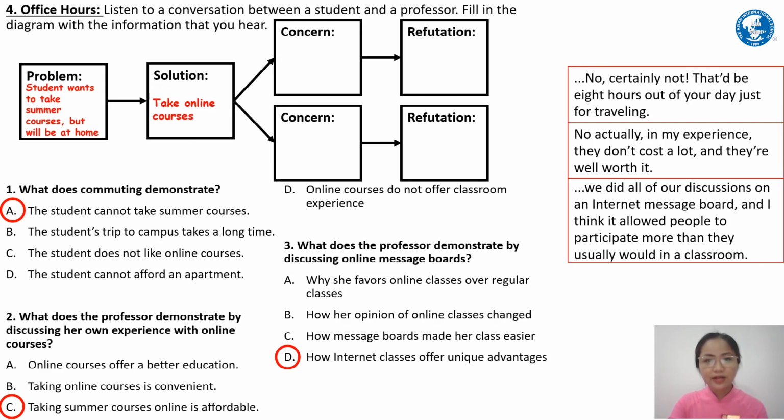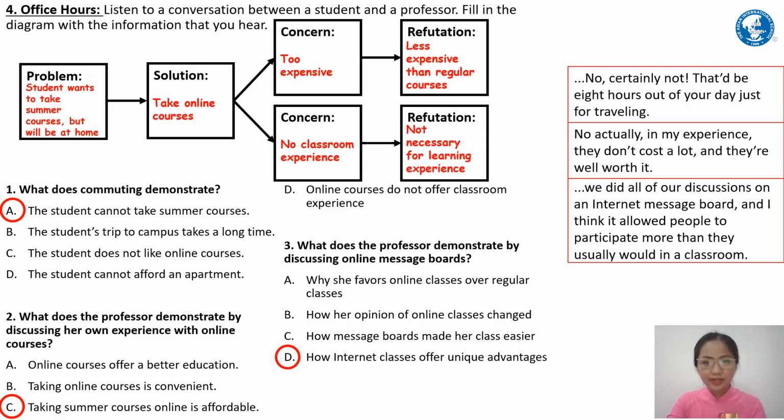The first concern is that it is too expensive. But the refutation for this concern is that it is less expensive than regular courses. The second concern is no classroom experience. So the refutation for this concern is that it is not necessary for a learning experience.